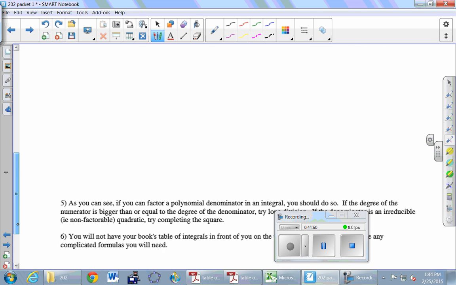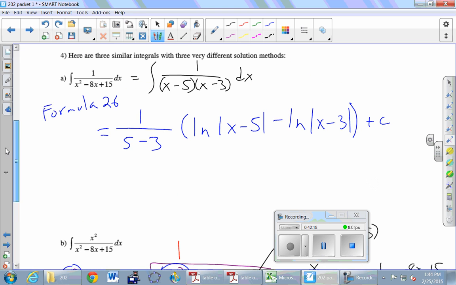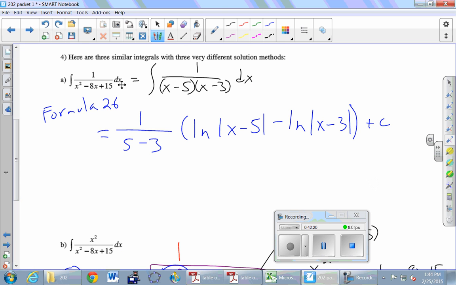Okay. Alex, can you read number 5, please? Okay, so let's pause and make sure we see that's exactly what we did in these 3 cases. What did we do to the first denominator?